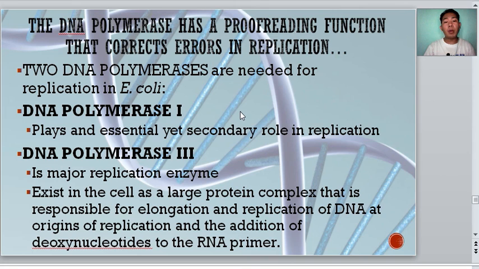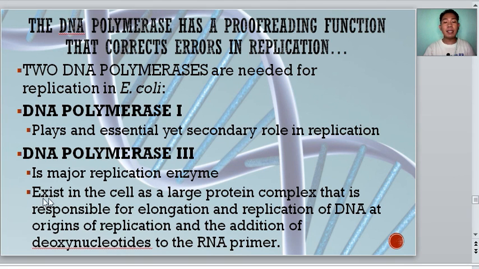DNA polymerase 1 and DNA polymerase 3 are the two DNA polymerases needed for the replication of Escherichia coli. DNA polymerase 1 plays an essential yet secondary role in replication, while DNA polymerase 3 is the major replication enzyme of E. coli.